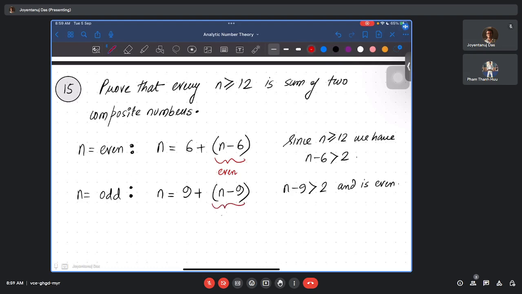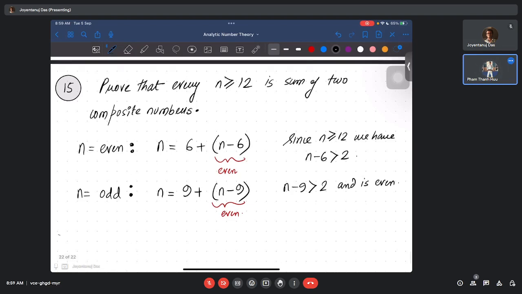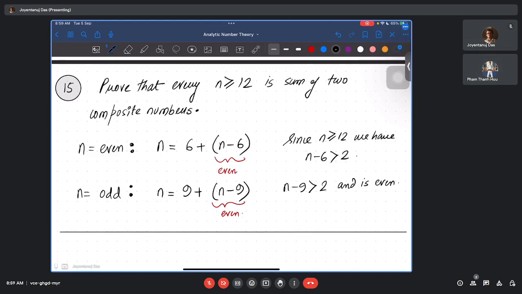So this part is always even, so it is a sum of two composite numbers, right? Yes, so this is fine.